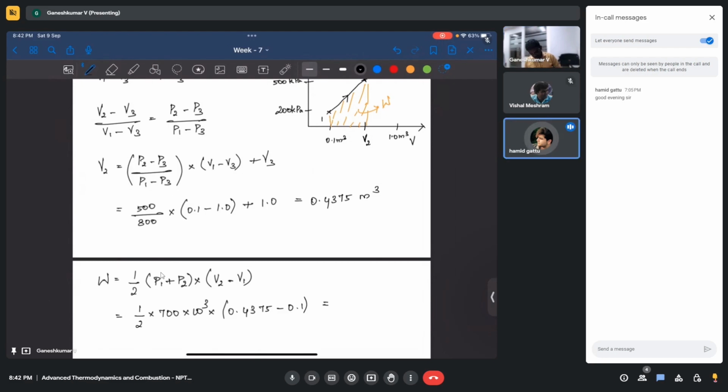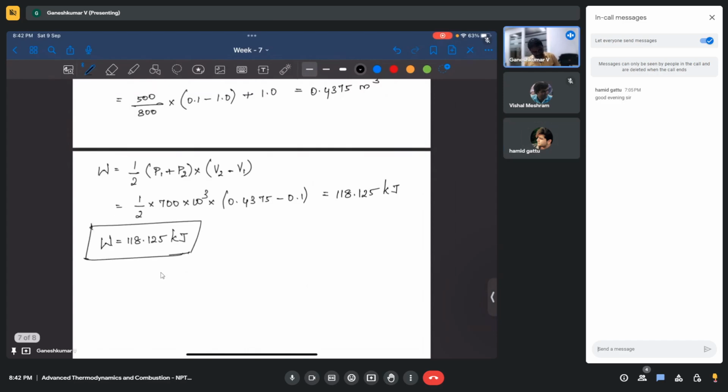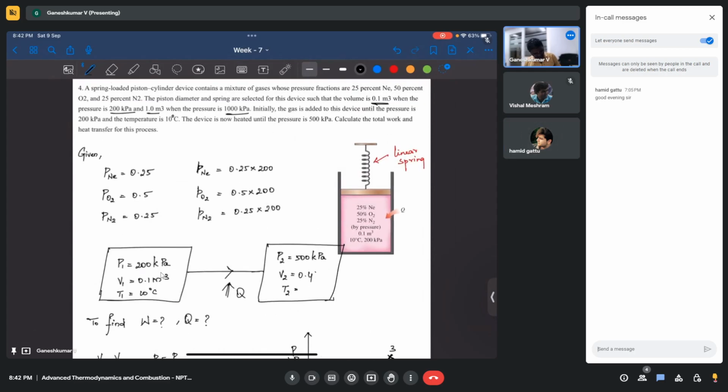That will be 118.125. So we found the work done. Without getting into the mixture, we found out work done. Yes, sir. This is also 0.375 meter cube.